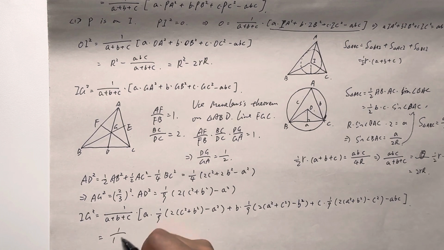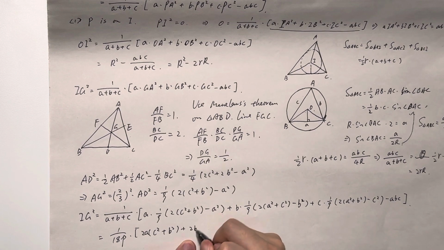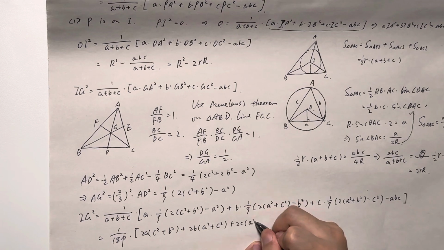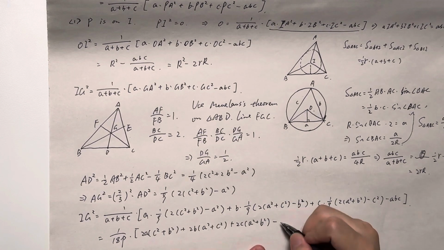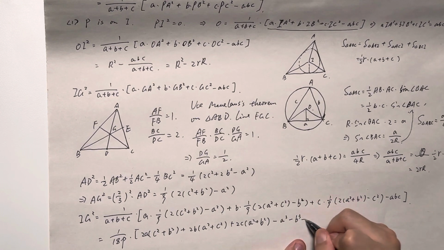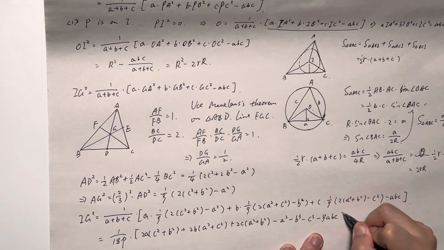And this a plus b plus c, that's 2p. So 1/18p times a(2c squared plus 2b squared minus a squared) plus b(2a squared plus 2c squared minus b squared) plus c(2a squared plus 2b squared minus c squared), minus a to the power 3 minus b to the power 3 minus c to the power 3, and also minus 9abc.